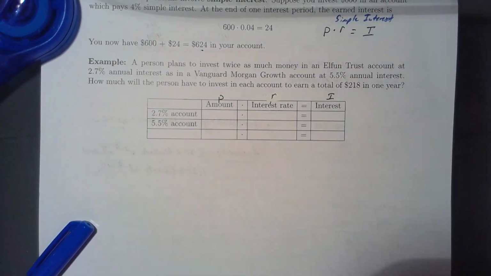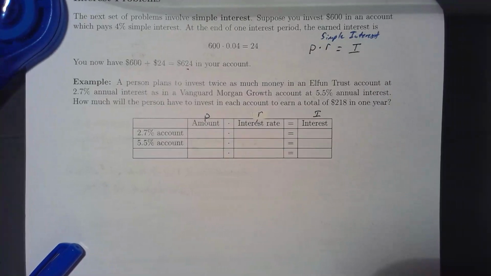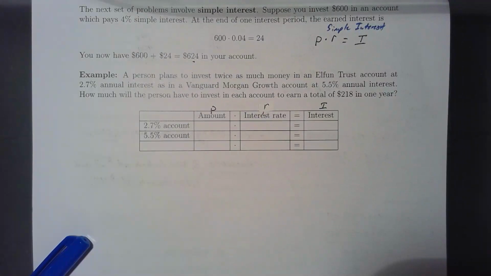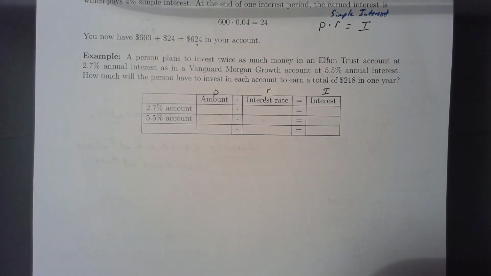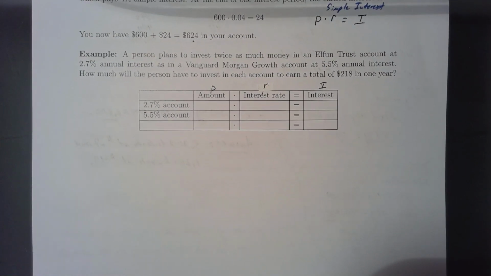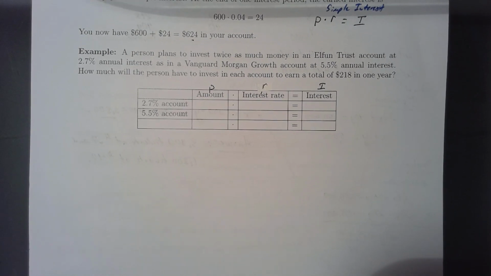There's that formula. All right, so in this problem, a person plans to invest twice as much money in an elephant account at 2.7% annual interest as in a Vanguard Morgan growth account at 5.5% annual interest. How much will the person have to invest in each account to earn a total of $218 in 1 year?